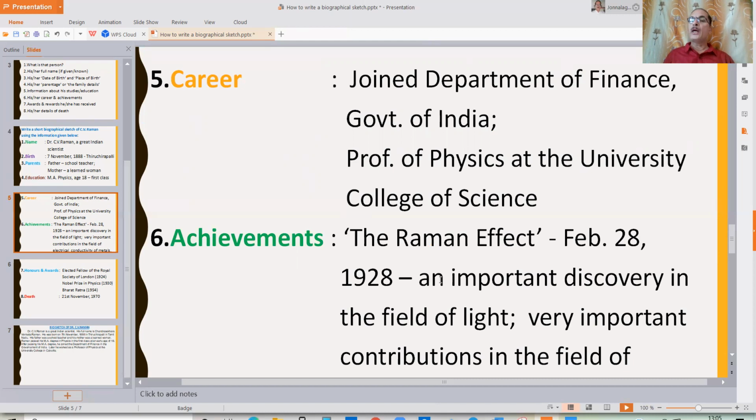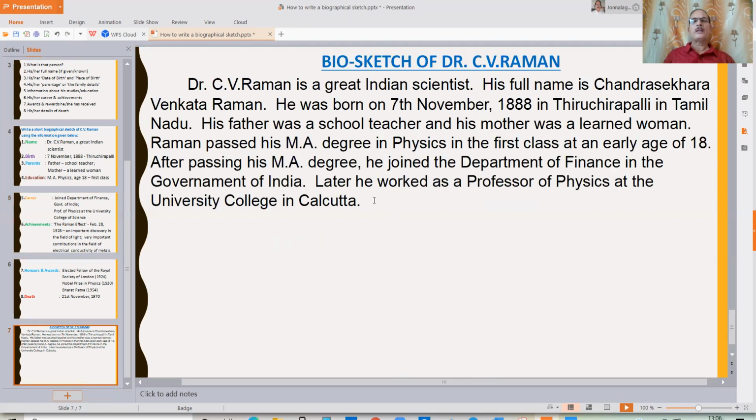And an important discovery in the field of light. Actually, Raman did a lot of experiments on light, that means on the science of optics, we know. So what we have to say: the Raman effect, February 28, 1928, an important discovery in the field of light. So you can combine these two points as one.